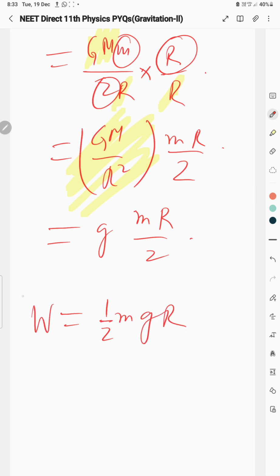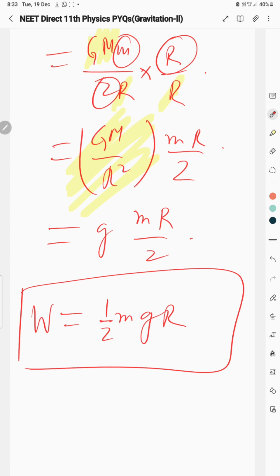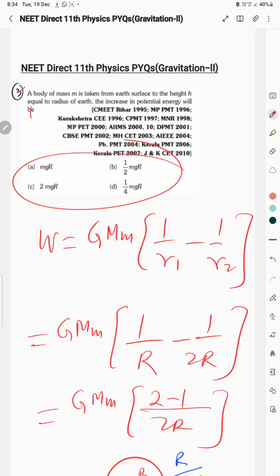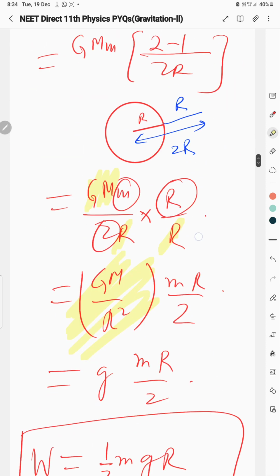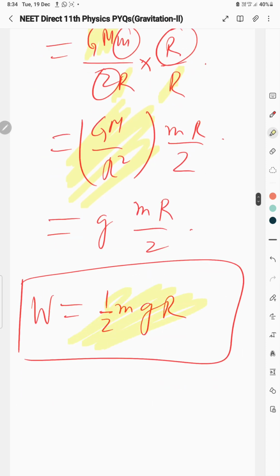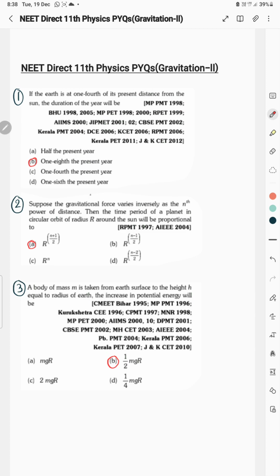This is the work done, rather this is the increase in potential energy. So which option is it? Option B. As you can see, option B says it's half mgr, and this is what we got here, half mgr. So I put here option B as the correct option for this problem.